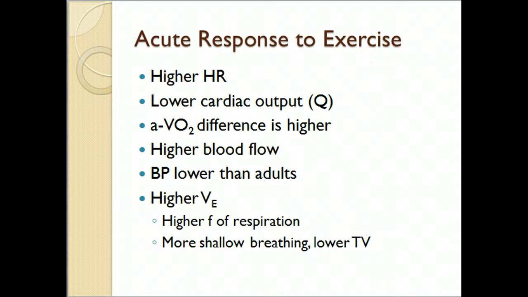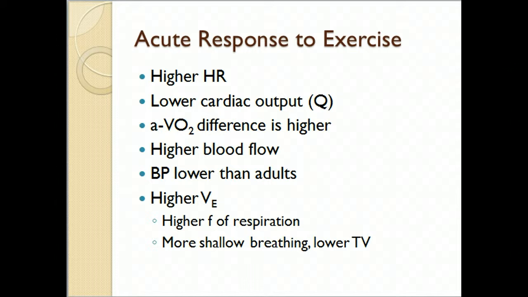Now the differences at the onset of exercise, so the acute response to exercise with kids. Children have a higher heart rate. Think back, 220 minus age to estimate your maximum heart rate. So kids are younger, they're going to have a higher heart rate. They're going to have a lower cardiac output, which is heart rate times stroke volume. Even though their heart rate is higher, the volume of blood pumped with each beat, the stroke volume, is going to be lower.